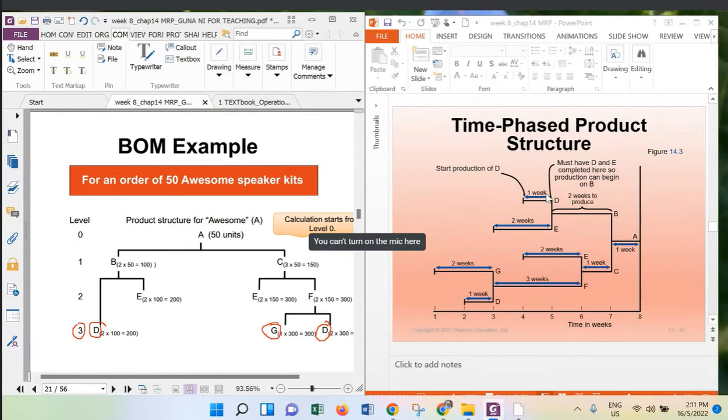Boleh. So kalau D ni kan, D ni could be component. One single component, and E ni could be one single component.